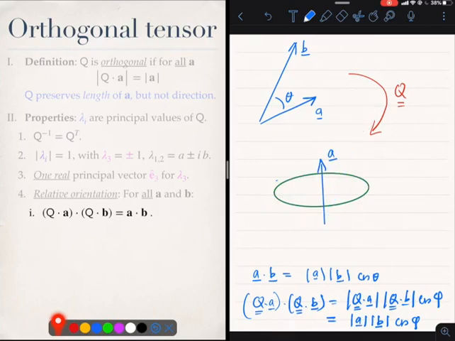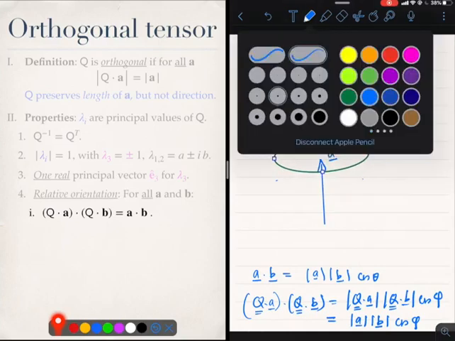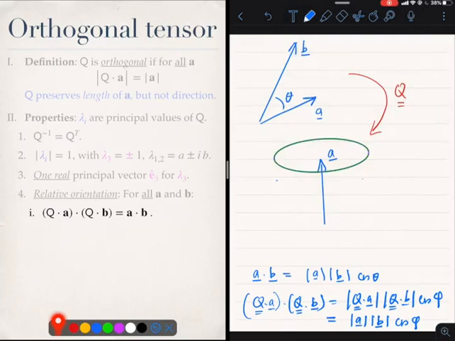I'm struggling with the drawing a bit. Because B is larger, I'll put it over here. That's better. So this is not A, it is Q dot A, and this is Q dot B, and this angle is phi, equal to theta.